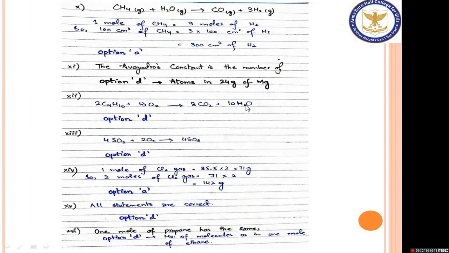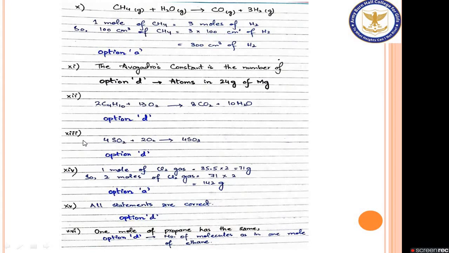After balancing this, you have to calculate the number of moles of oxygen needed for this reaction, and we have 13 moles of oxygen. So option D is the correct option: 13 moles of oxygen will be required for the complete combustion of 2 moles of butane.